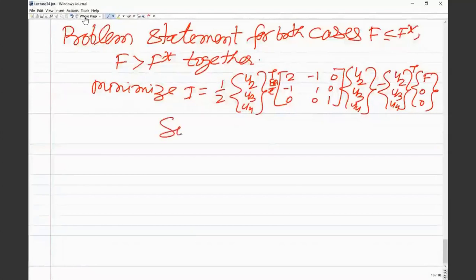This is subject to now the constraint we are putting both together. So we can write this constraint as subject to U3 minus U4 minus G less than equal to 0.